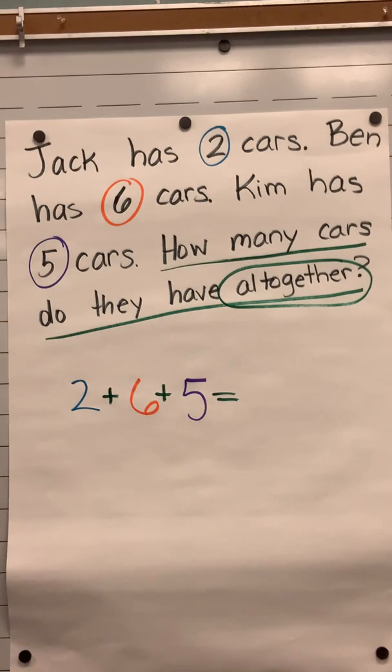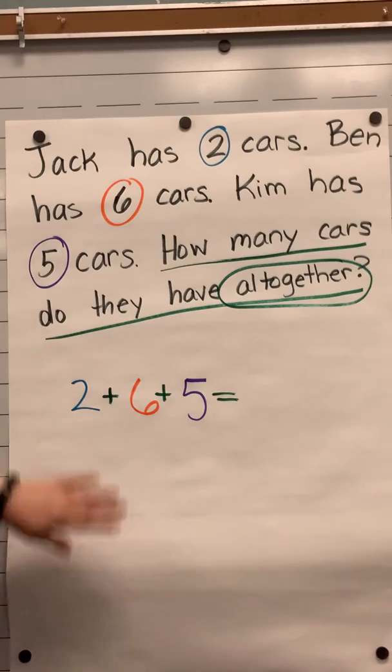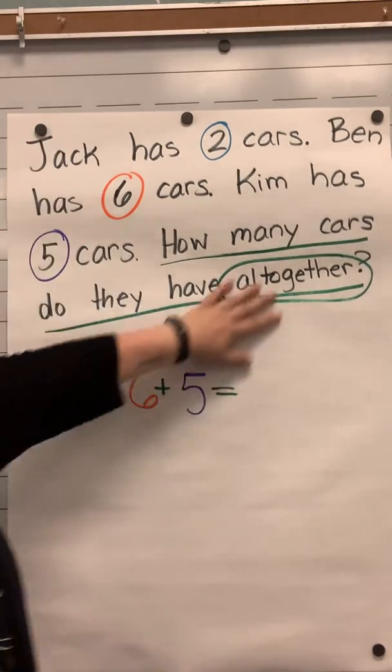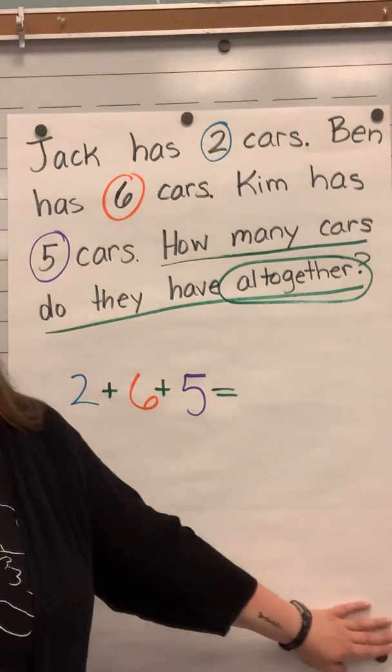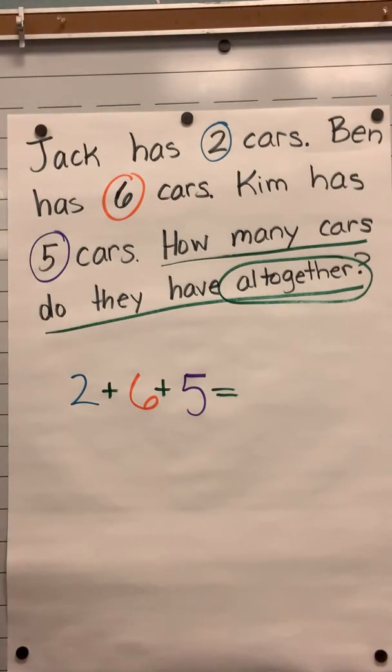Okay? Now, we talked about how adding 3 numbers is a little bit trickier than just adding 2 because there's a little bit more work to do. But it doesn't mean that it's impossible. We just have to use what we know to solve what we don't know. Now, what I'm going to do is I'm going to look through this and see if there's any fact power that I already have. That means if I already have it in my brain, it's fact power.